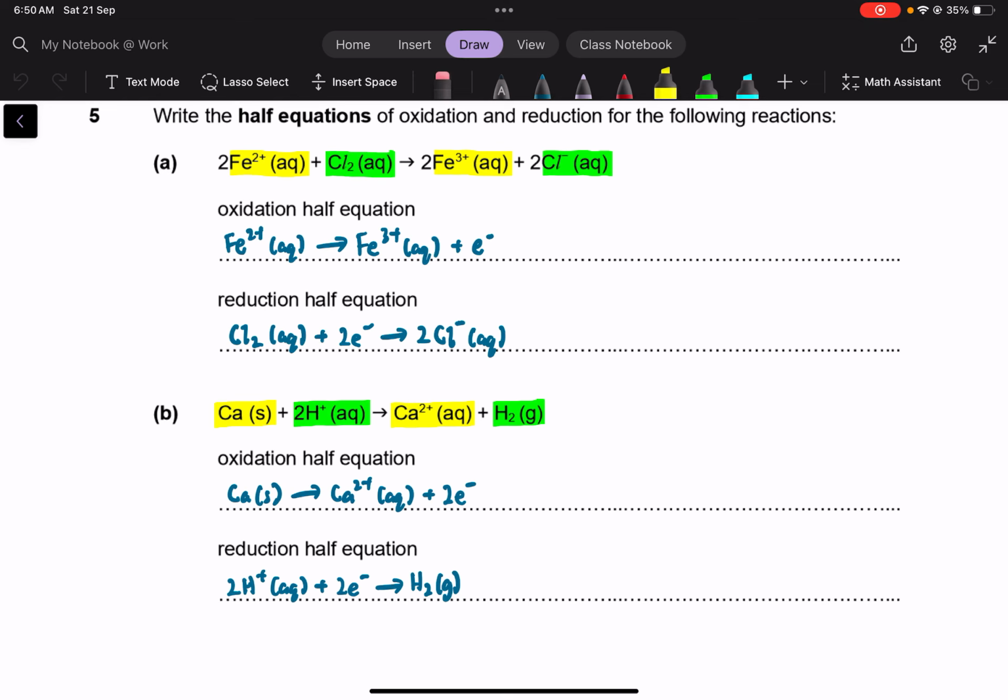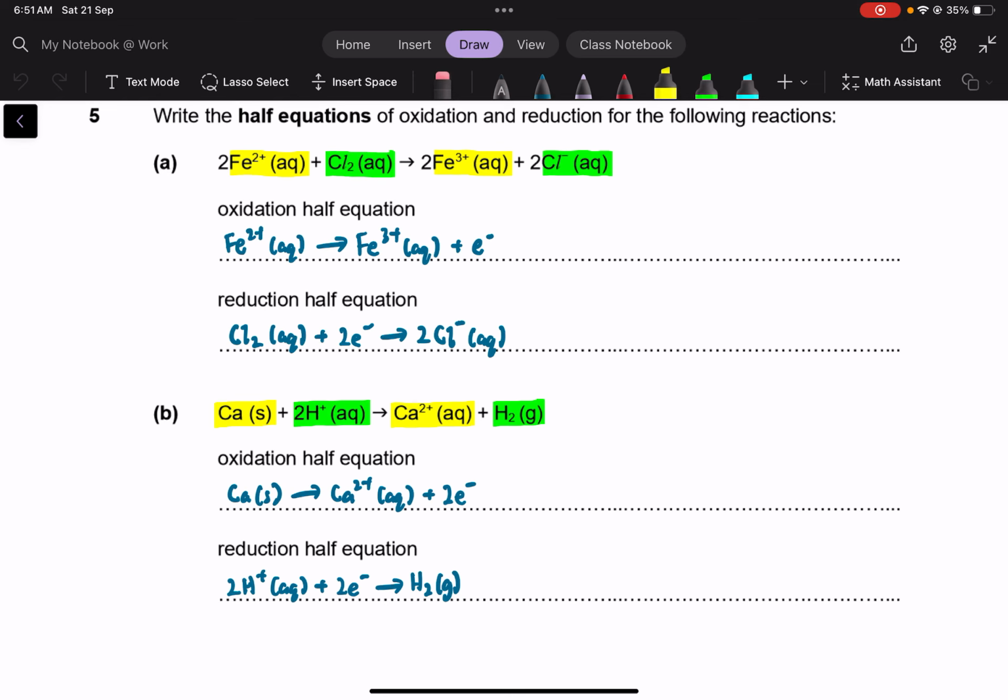For the half equations, do take note that we cannot have minus electrons appearing in any part of the equation. So if it is a loss of electrons, we shift the minus electron over to the other side of the equation, like for example, for Fe2 plus ions when they form Fe3 plus ions.